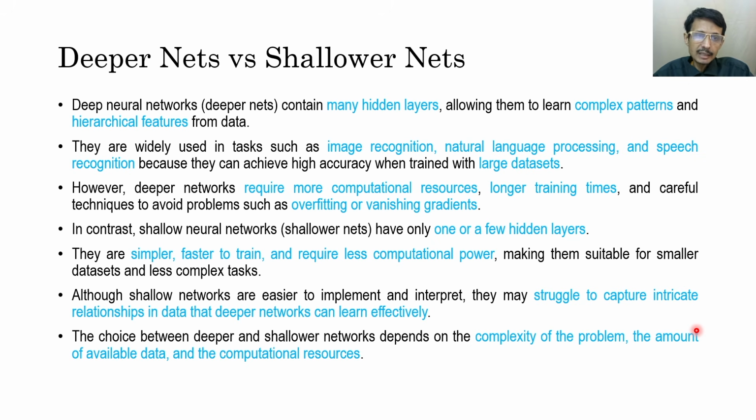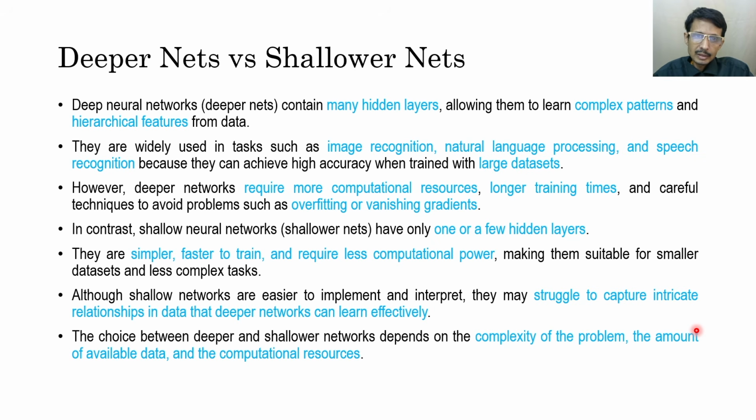But before that, we should understand the advantages and disadvantages of the shallow or conventional neural network. Shallow nets have only one or a few hidden layers. Definitely they are simpler, faster to train, and require less computational power.